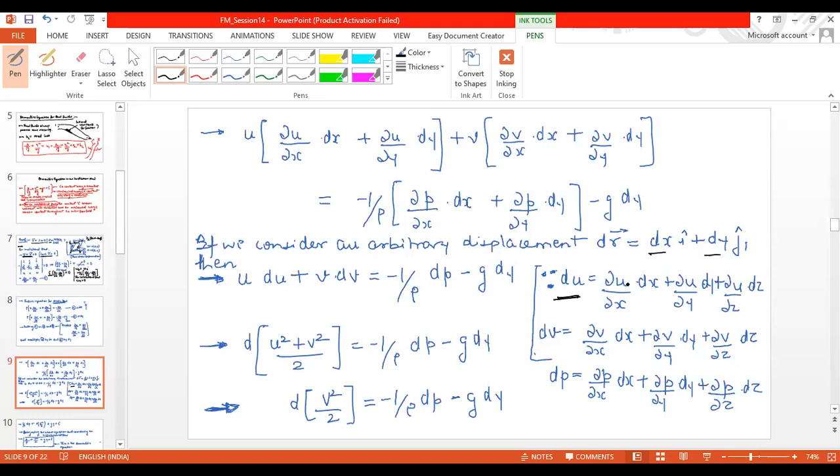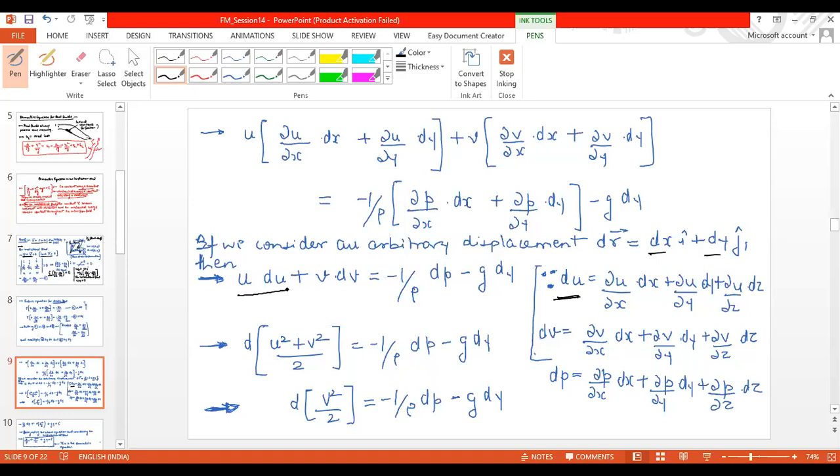This is the partial differential in the x direction multiplied by dx, then the partial differential in the y direction multiplied by dy, then the partial differential in the z direction multiplied by dz. So the total differentials du, dv, dp you can represent in this way, right? So now you have to do nothing. You simply have to replace these components, nothing else.